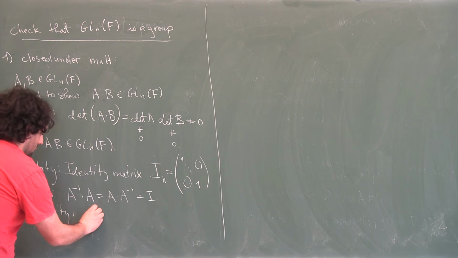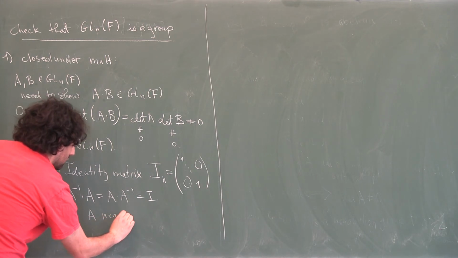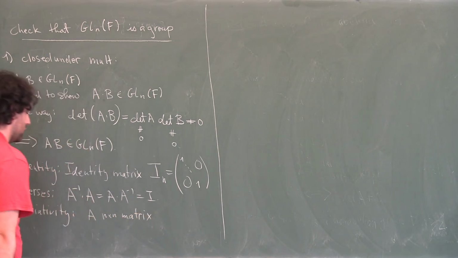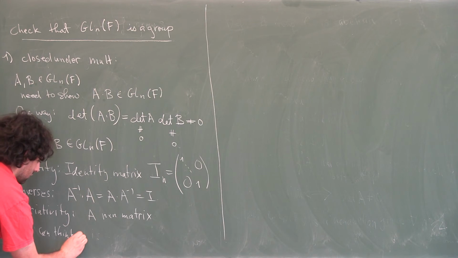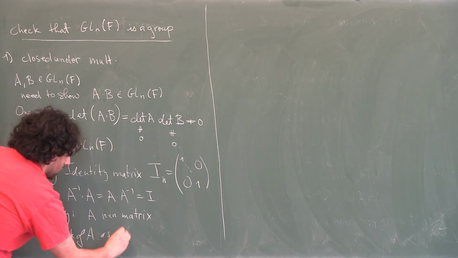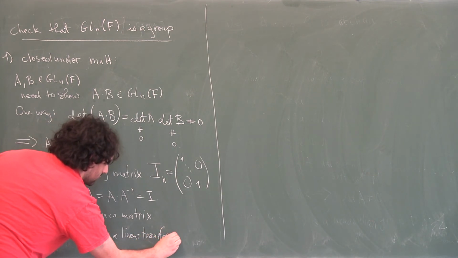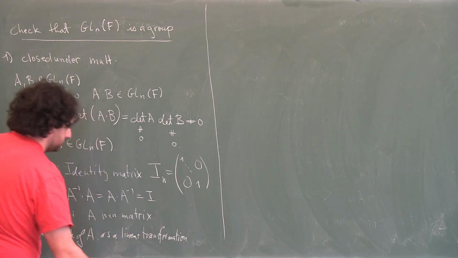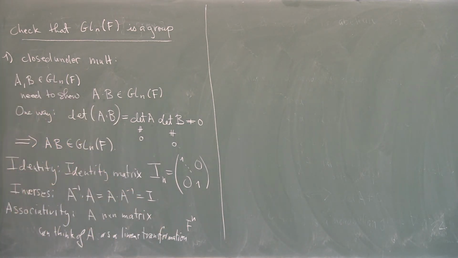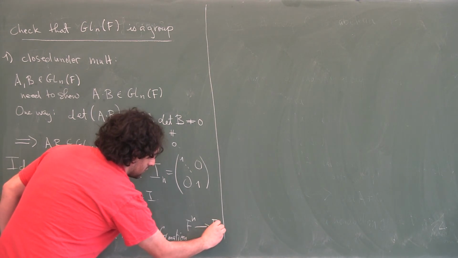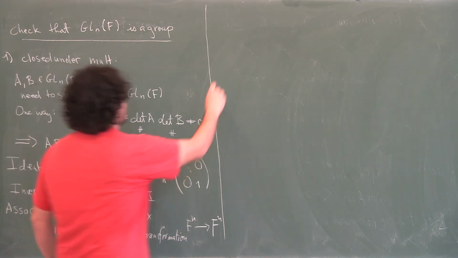So remember that if I have A, an n by n matrix, I can think of A as a linear transformation from the vector space F^n of vectors of length n to itself.